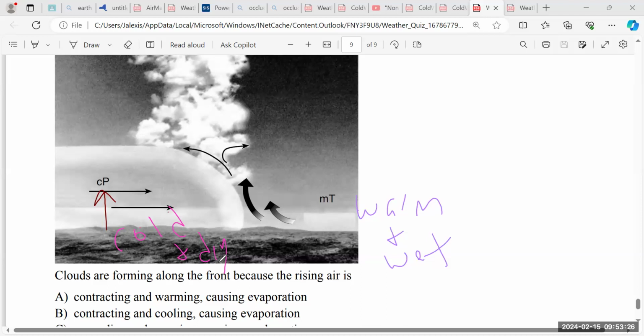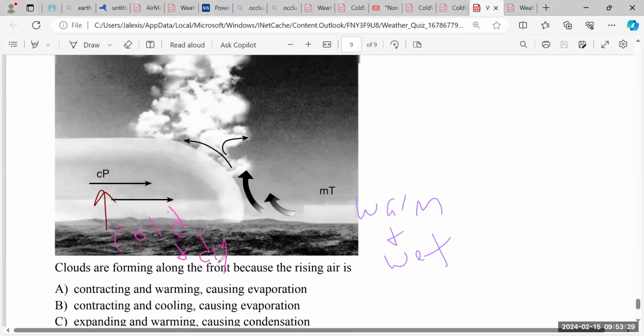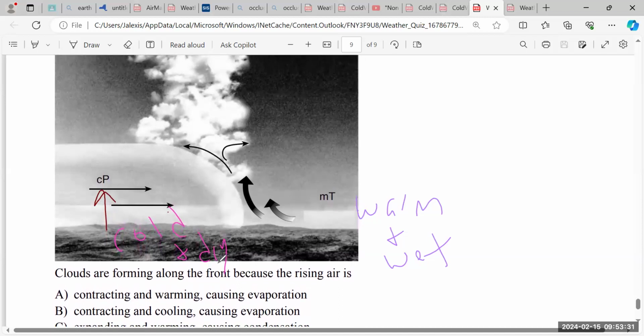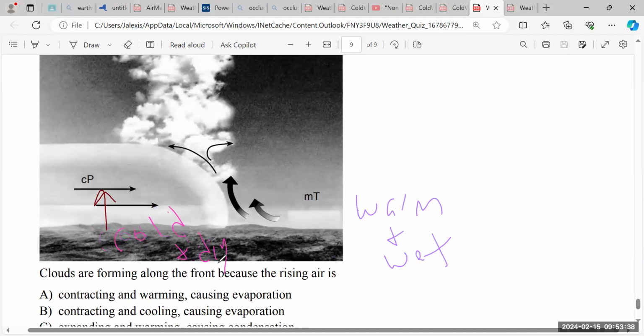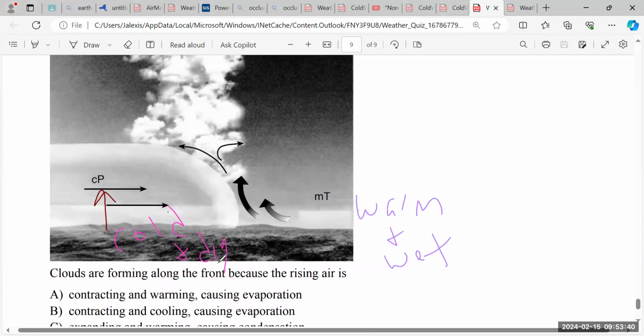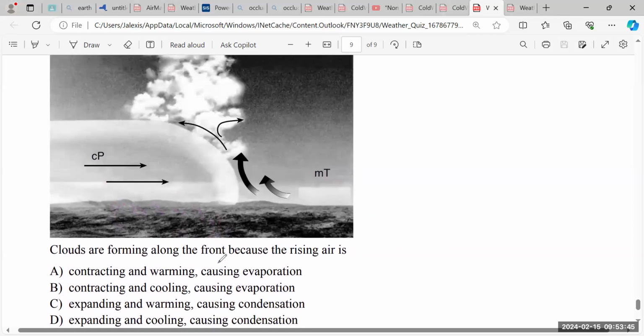It says clouds are forming along the front because rising air is what? First of all, isn't this a diagram of a cold front? I just want to mention that, even though it doesn't say on the problem, this is a diagram of a cold front. And we know that clouds form because rising air is doing what we know as REC. What is the acronym for REC? Let me just write that down real quick.